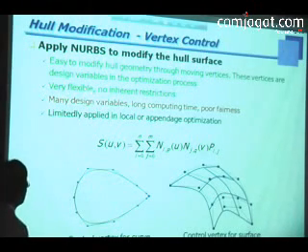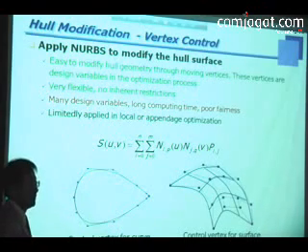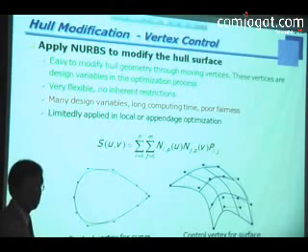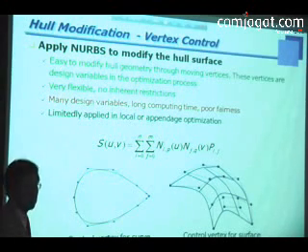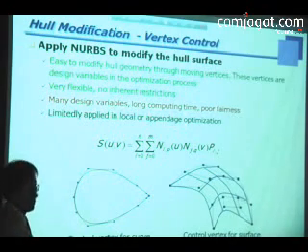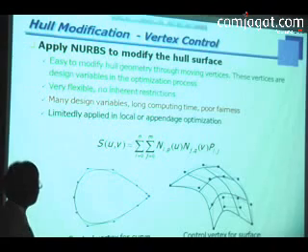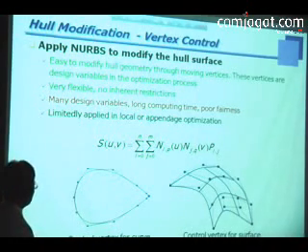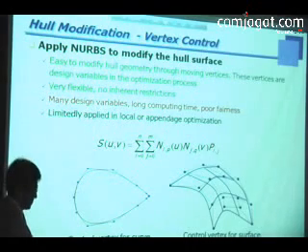Very flexible, no inherent restriction. But sometimes the curve fairness is not guaranteed. This is one of the disadvantages. Many design variables means high computing cost. Limitedly applied in local and or appendage optimization. Next please.